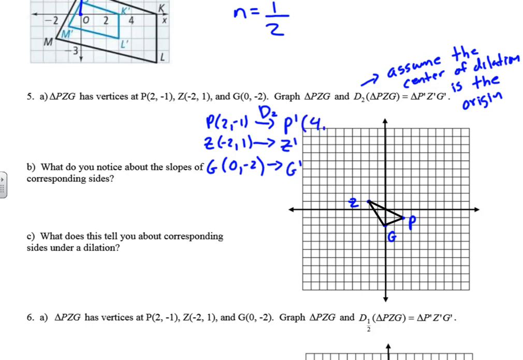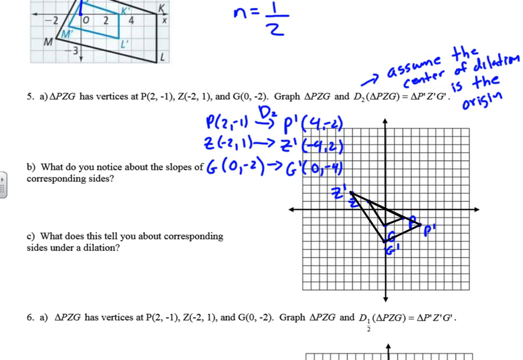So this would be 4, -2, -4, 2, and 0, -4. So P prime would be 4, -2. Z prime would be -4, 2. And 0, -4 would be G prime. So there we have that.